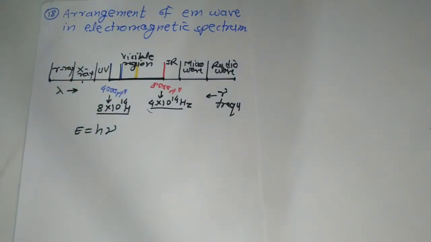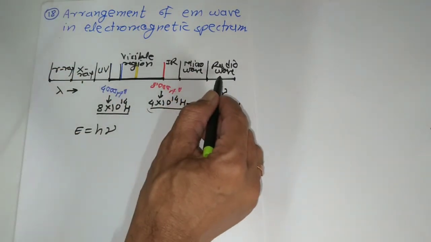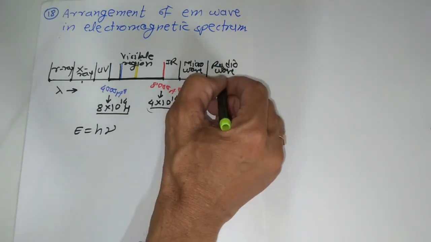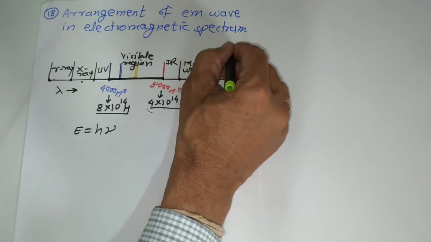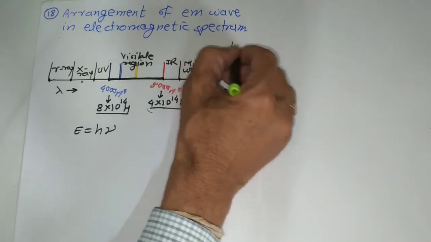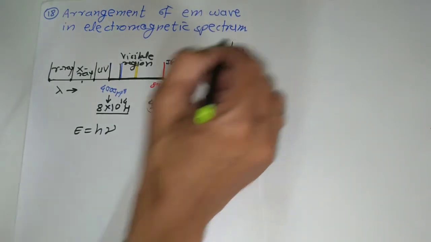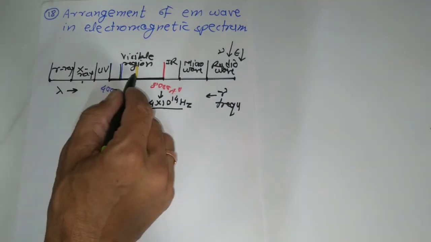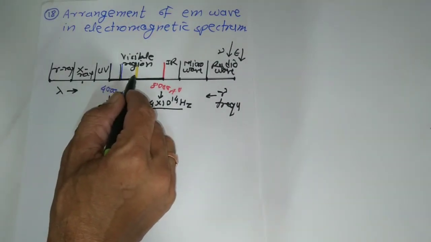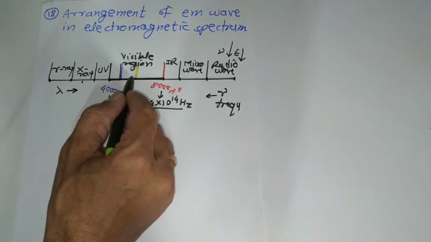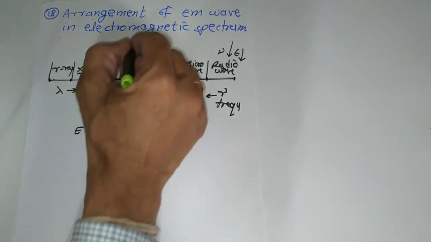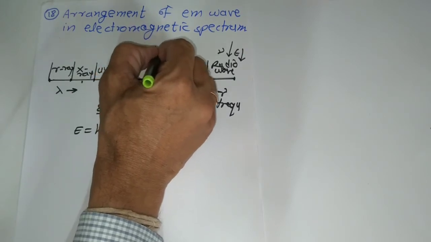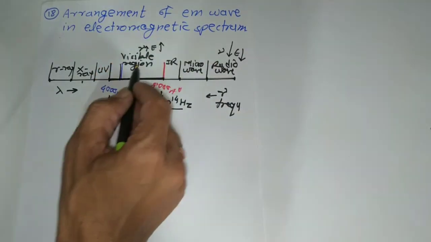And the last one is radio wave, which has very low frequency, therefore its energy per quanta is also very low, because frequency is related to energy. Then yellow has more frequency than the radio wave, so its energy increases a little bit over the radio wave.